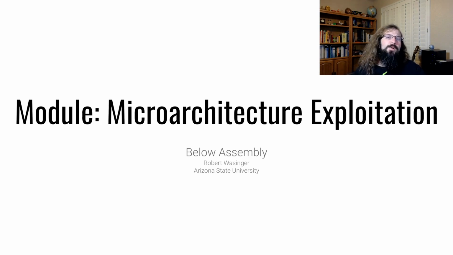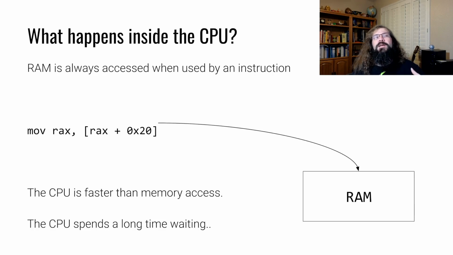So how do we go lower than the assembly? The assembly is the lowest version of the actual code that is the program. Well, the answer is we go into the behavior of the hardware itself, and a discussion of exploits that implicitly exist in the hardware that is running the code. That is microarchitecture exploitation.